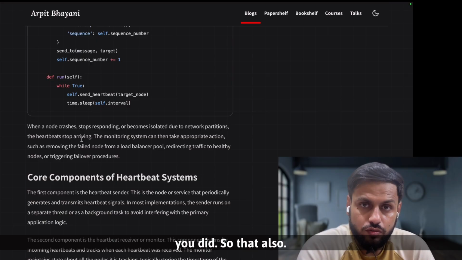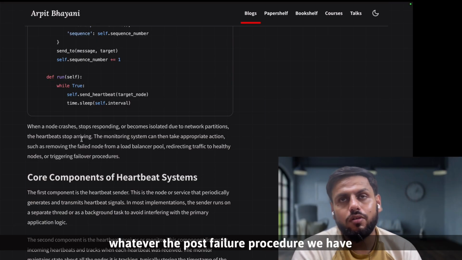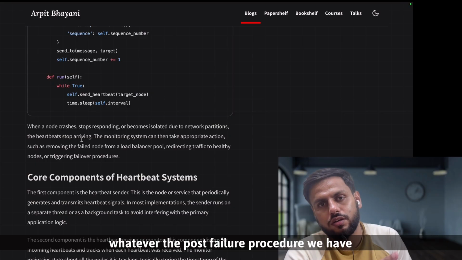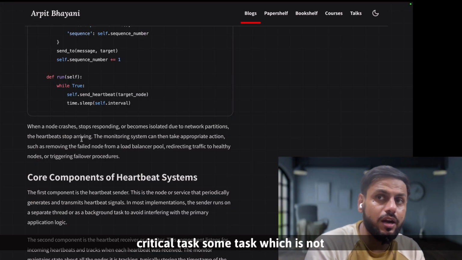So the other thing is triggering failover procedures, whatever post-failure procedure we have set, because maybe that server was doing some critical task.